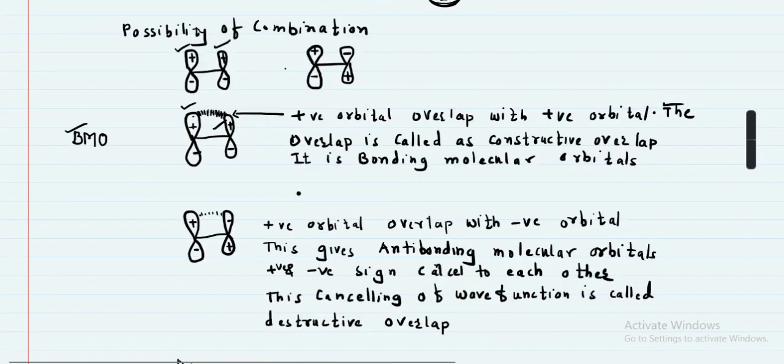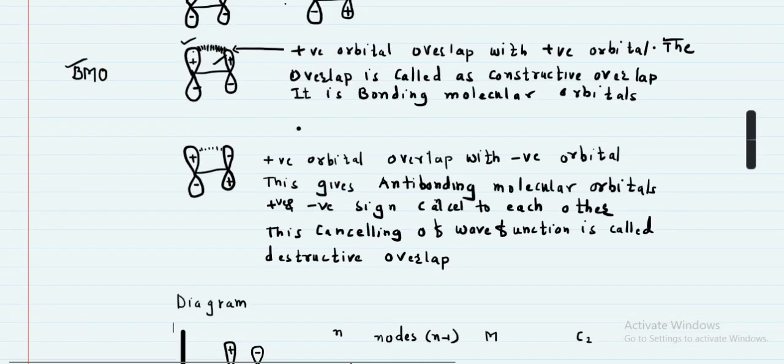Second possibility, the positive orbital is combined with the negative orbital, and such bonding is called the anti-bonding molecular orbital. The positive and negative signs cancel each other, and this cancelling of wave function is called destructive overlapping.